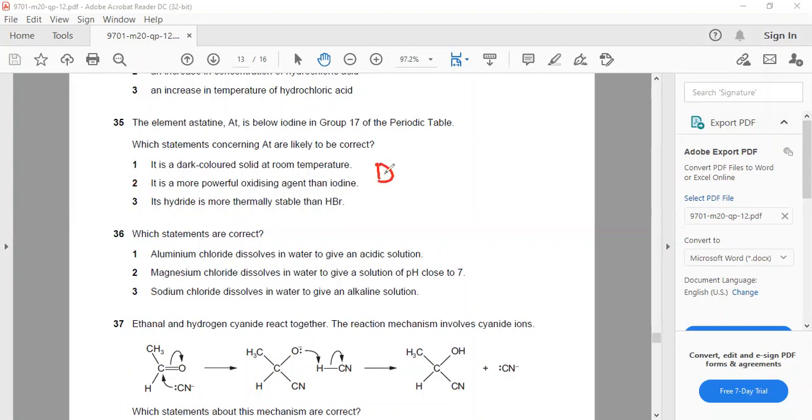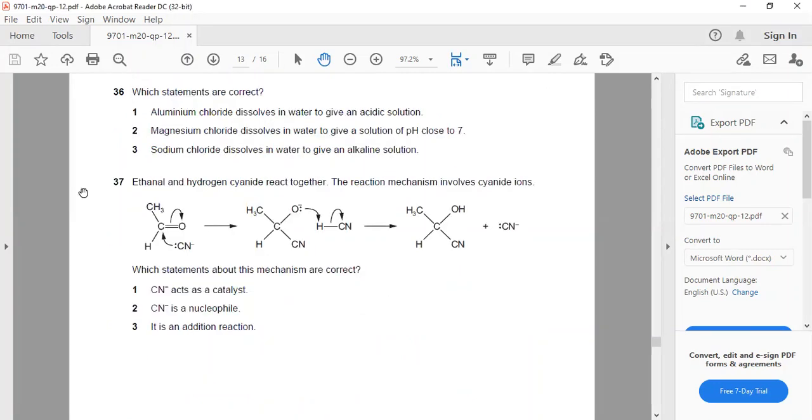I mean, which is D. Okay. 36, which statement is correct? Aluminum chloride dissolved in water gives an acidic solution, we know this from periodicity, Period 3. Yes, HCl is formed. Magnesium chloride dissolved in water gives a solution close to 7.